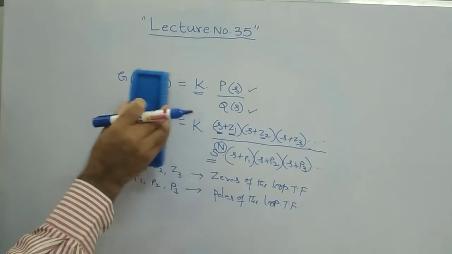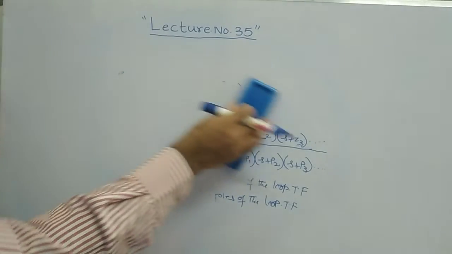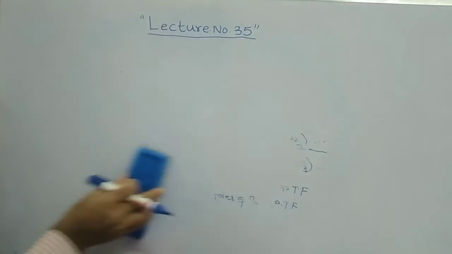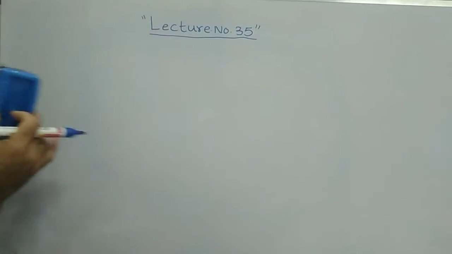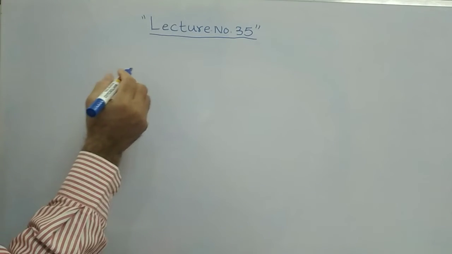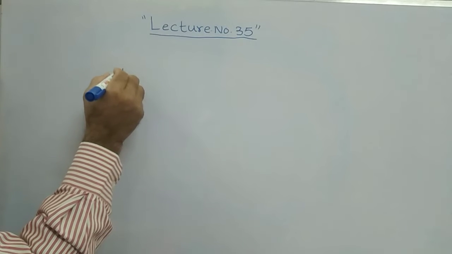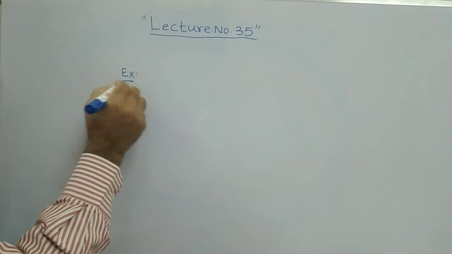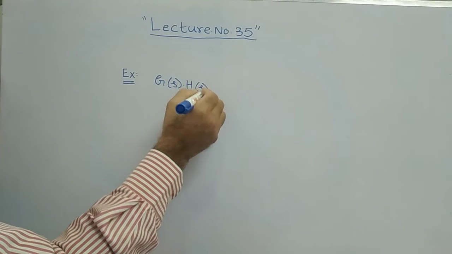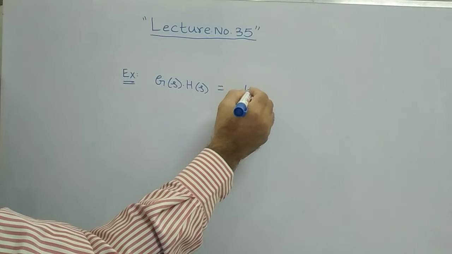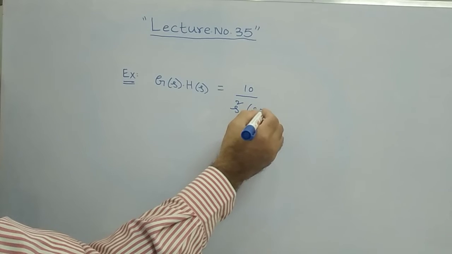So now I will explain one example so that you will understand. Say for example, the loop transfer function is given as G(s)H(s) equal to 10 by s square into (s plus 1) into (s plus 2).